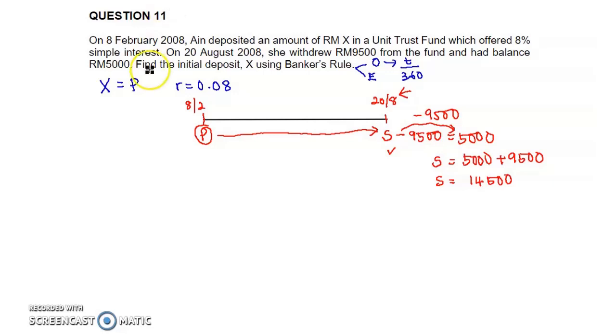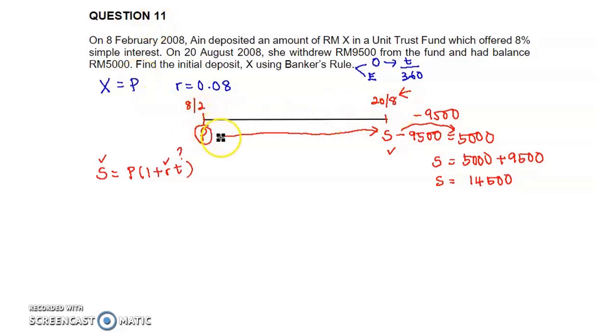Okay, now we want to find value P. Since we have info about S, so use formula S equal to P(1 plus RT). Check the values. So we have S, we have R. So how about T? In this case, 2 dates were given.